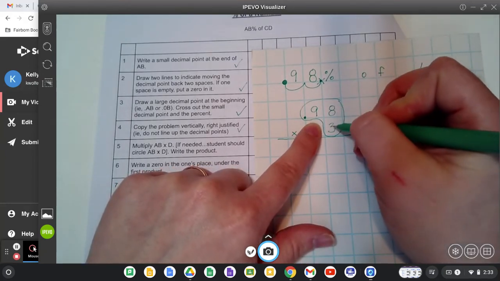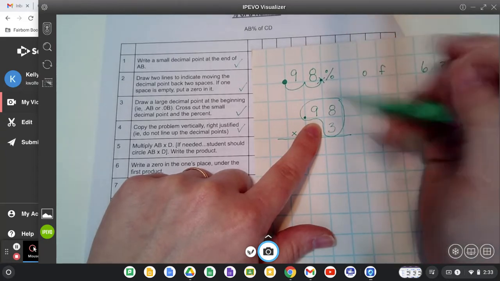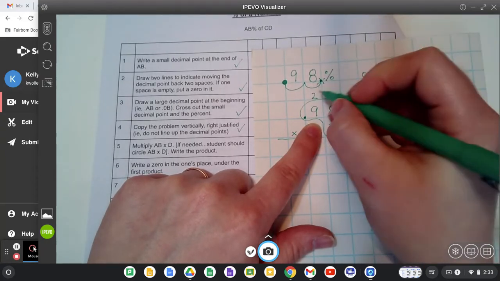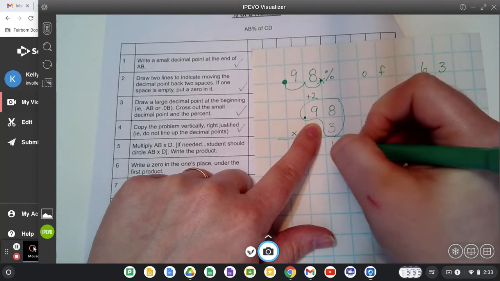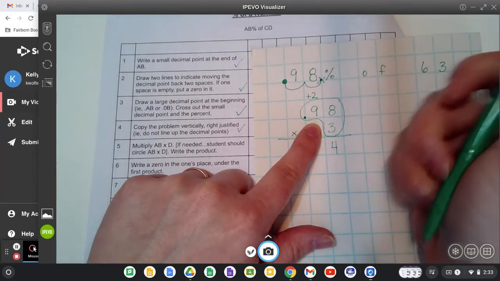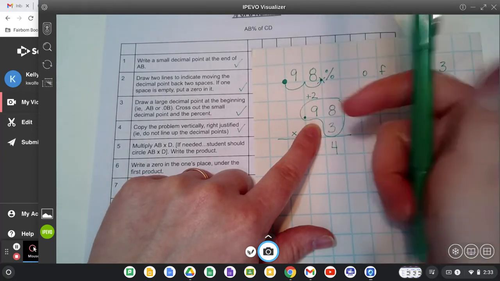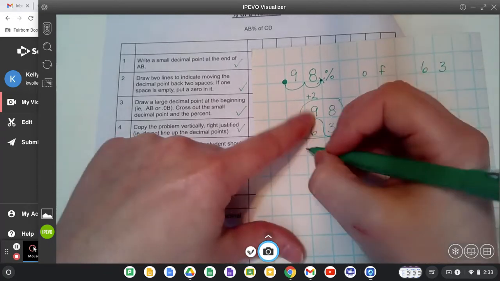Copy me. 8 times 3, 8, 16, 24. 9 times 3, 9, 18, 27, plus 2 more, 28, 29.